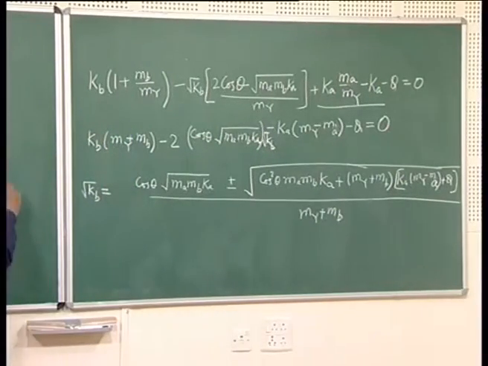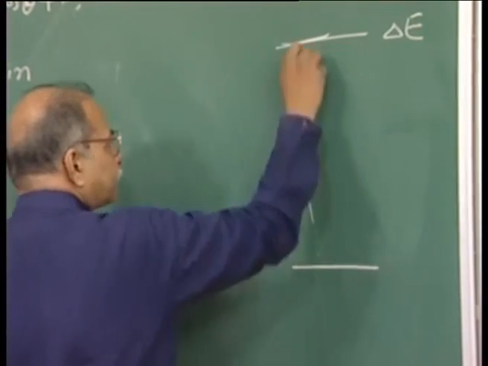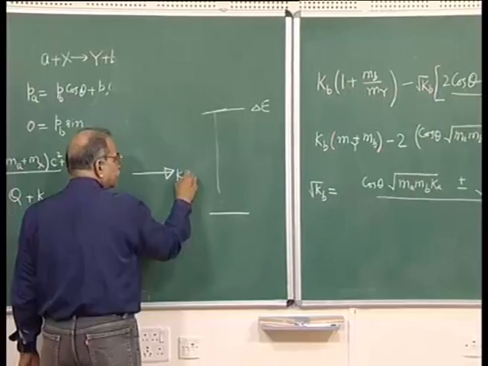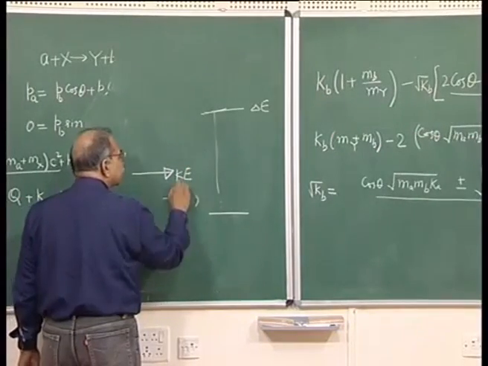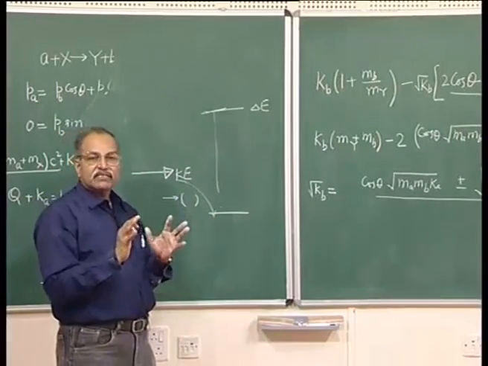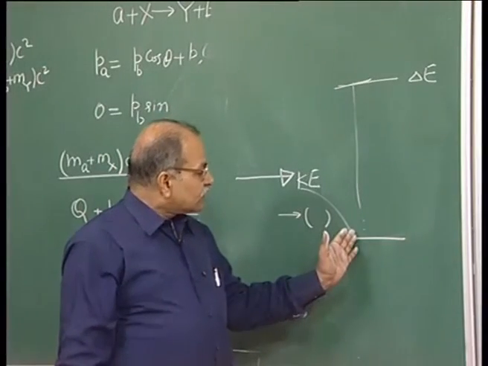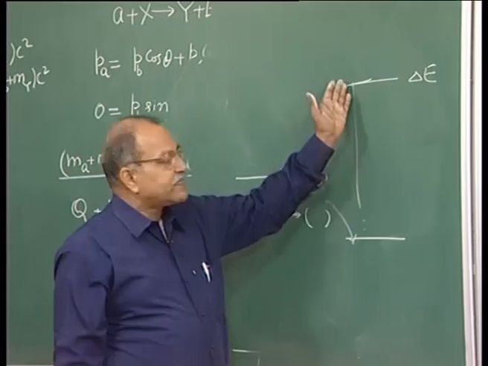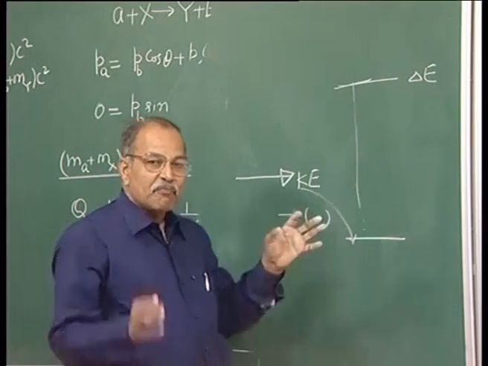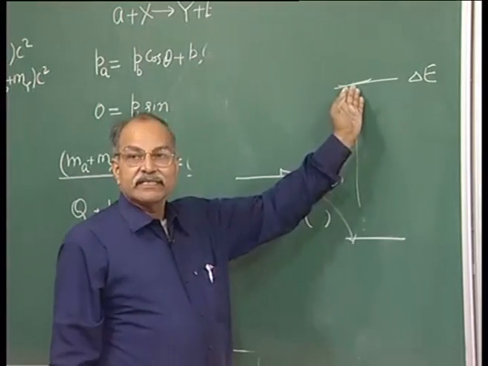So, if you have this final product at this delta E state, and you are sending the particle with certain kinetic energy, which allows a certain energy to be deposited here, keeping all that momentum conservation into consideration, then the reaction probability of this excitation depends on the matching of this energy available and this energy here.